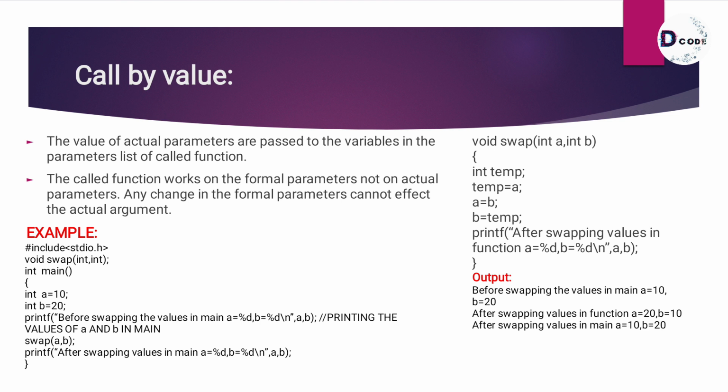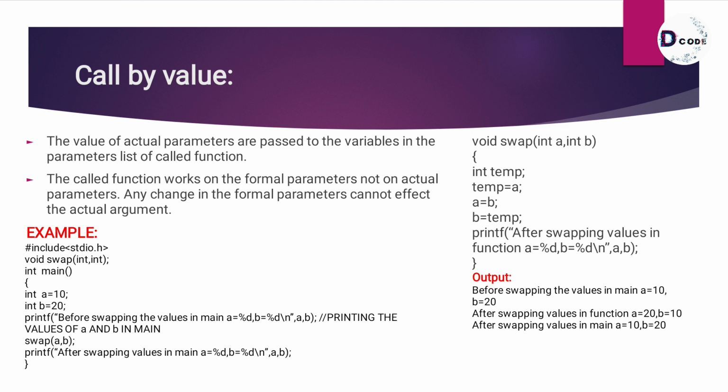Then the compiler enters into the swap function. In the swap function, a and b are converted into formal parameters, and the swapping technique is done there, and the compiler prints the values of a and b after swapping. So the values of a and b became 20 and 10.